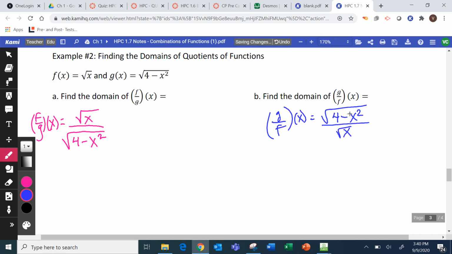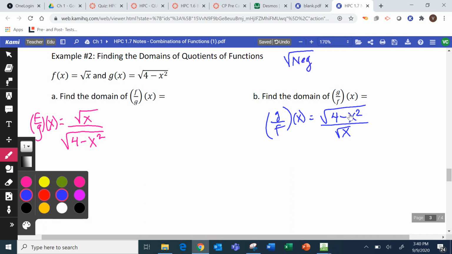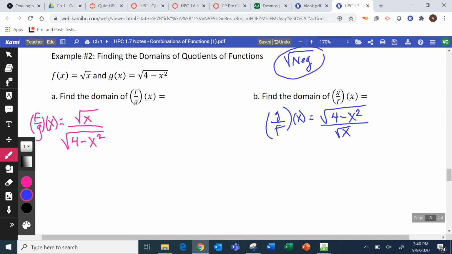So things that we have been learning in chapter 1 is that if we have the domain, we cannot have a square root with a negative number. That would be a no-no. That would be a red no-no.